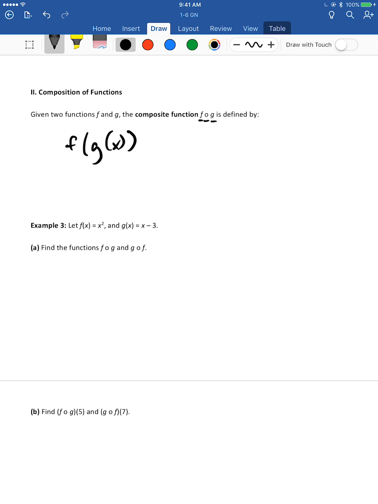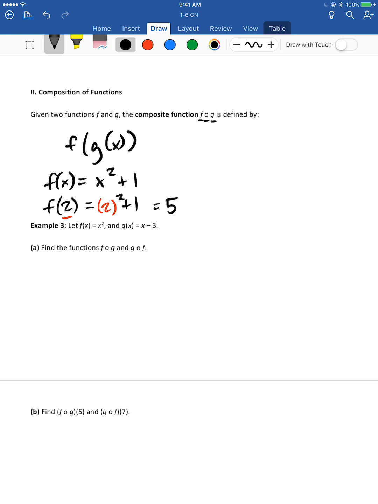That's basically it. So, it looks weird, I know, but remember when I gave you a function like f of x equals x squared plus 1. If I asked you to evaluate f of 2, you know that whatever is inside the parentheses, you're plugging in anywhere you see an x, which is 5.